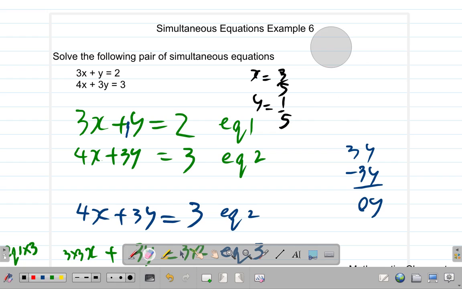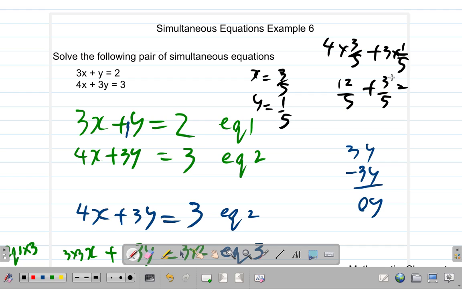Let's test it with equation 2. 4x, 4 times 3/5 plus 3 times 1/5. Is it going to give you 3? Let's see. 4 threes are 12/5 plus 3/5. 12 plus 3 is 15. 15/5 is 3. Good.